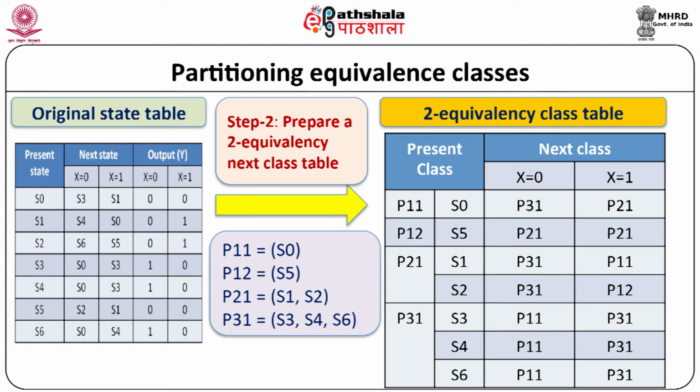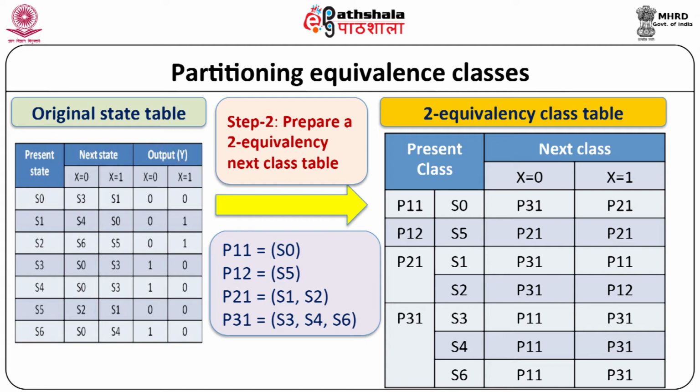Step 2. Prepare 2 equivalency next class table. The next partition will determine 2 equivalency, that is, an input sequence of 2. Test each state within the partition classes found in step 1. Test P1 for each value of x.